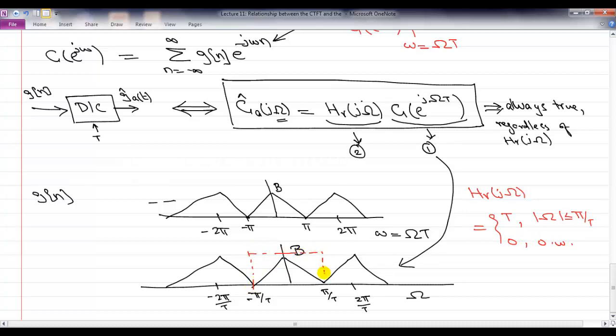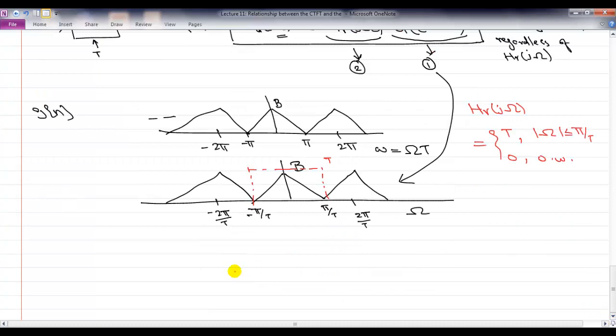You low pass filter between minus pi by T to pi by T with a height of T. What do you get? All the other copies, all the other regions get zeroed out, and you only get the portion from minus pi by T to pi by T with a height of BT. So that's the relationship that you get if you are going from discrete time to continuous time.